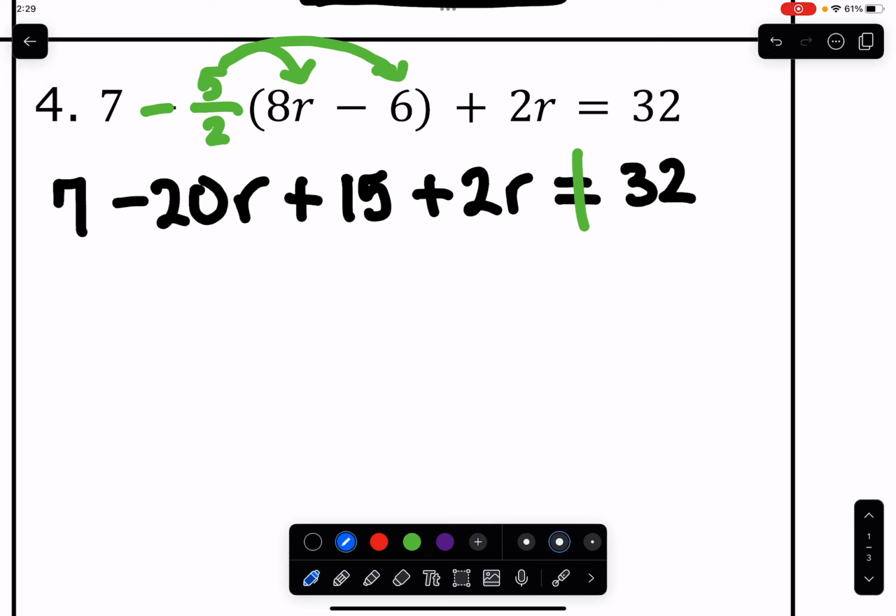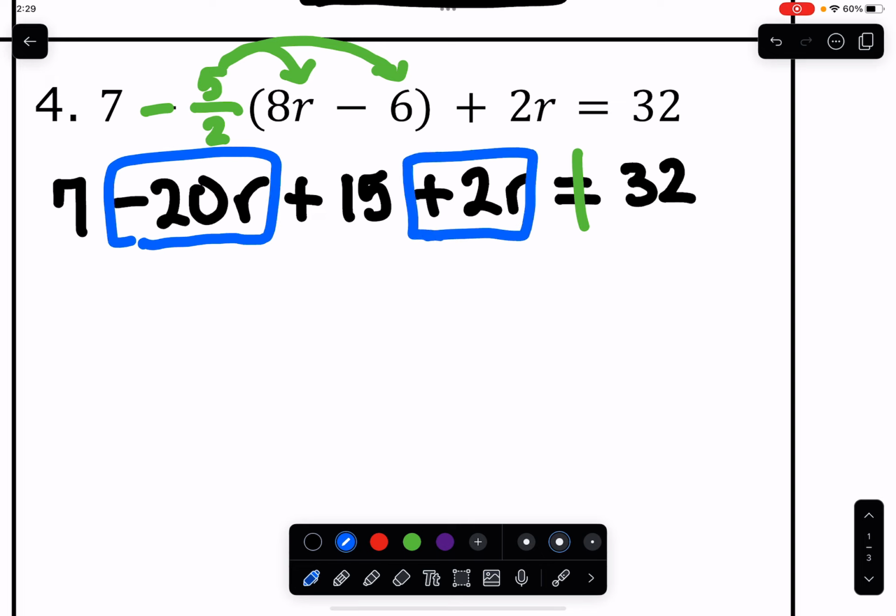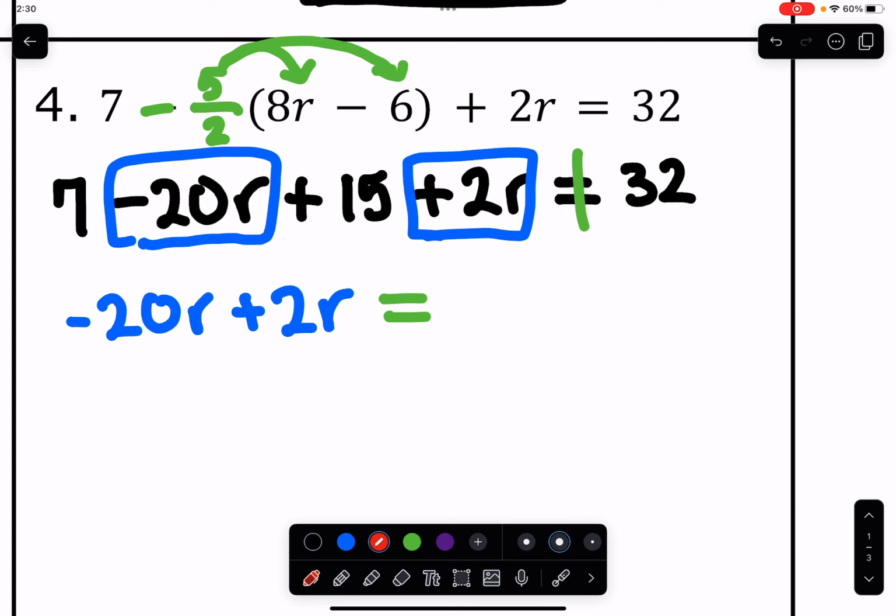And as before, I want all my variables, let me highlight them all in blue, to be on the left side of that equal sign, which they already are. So negative 20 stays as negative 20. Positive 2 stays as positive 2. Here's my equal sign. And I want my constants, my numbers, I'll underline them in red, to be on the right side.